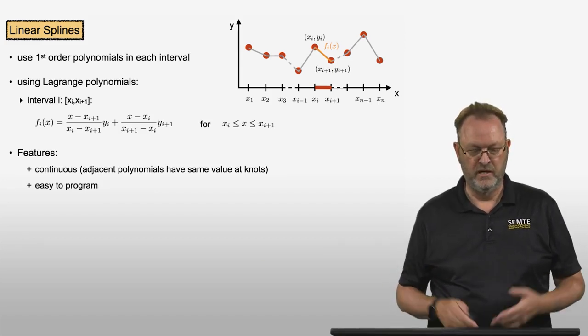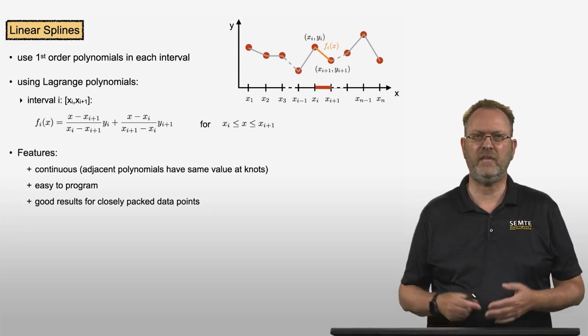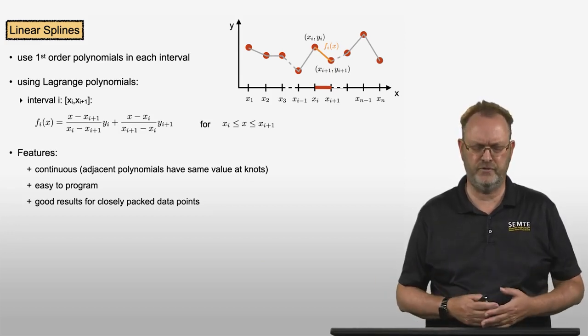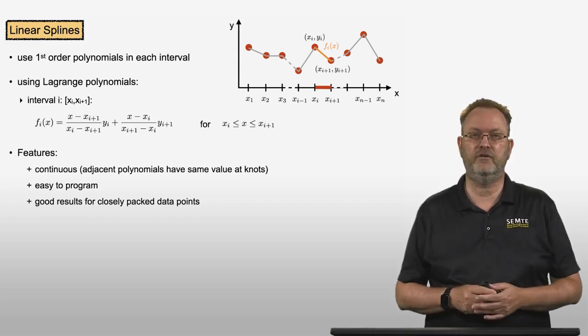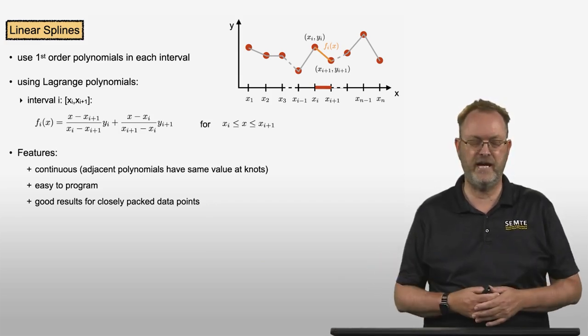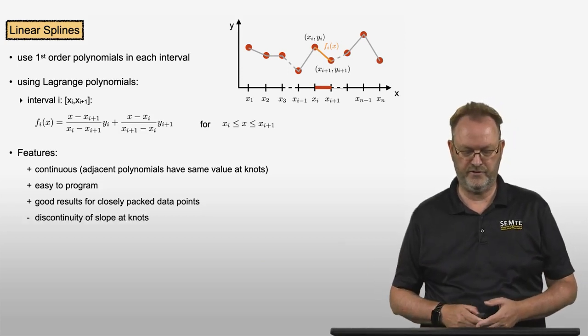These linear splines are easy to program. And linear splines generally give pretty good results if the data points are closely packed together, so if the process that you're describing with the data points is very well resolved by the data points.